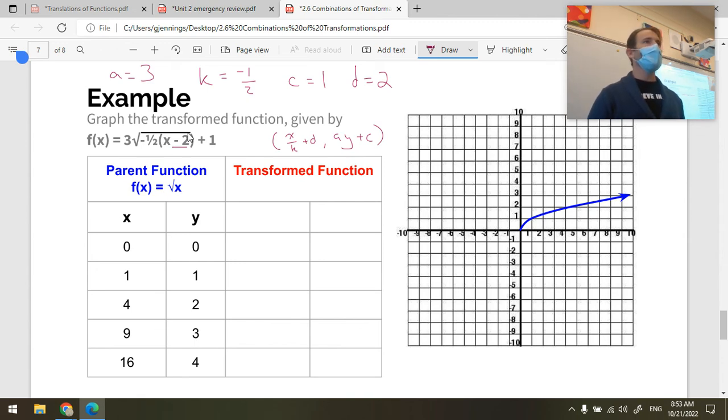Dividing by negative 1/2 is the same thing as multiplying by negative 2. So I am going to write negative 2x plus d, which is plus 2. And then a is 3, so we'd have 3y plus 1. Okay. Now people want to see y dividing by negative 1/2.